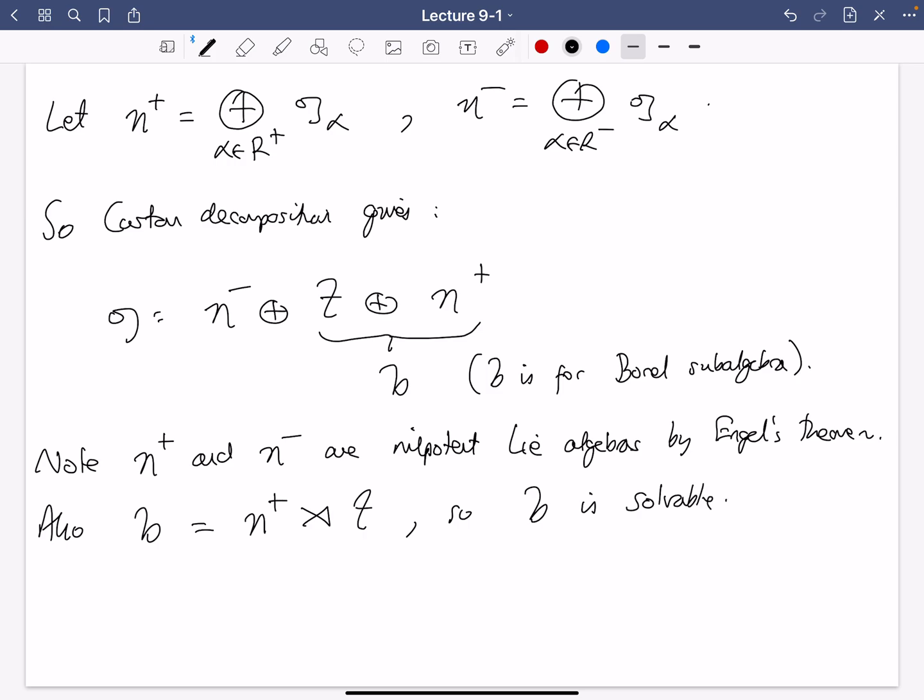In fact, it's a maximal solvable subalgebra, and that's the formal definition of Borel subalgebra. So these will all be useful. This decomposition that I've ended up with here is called the triangular decomposition.